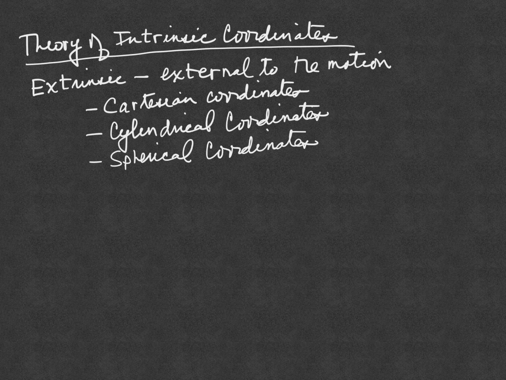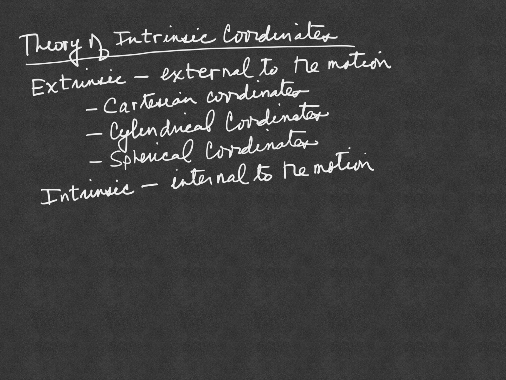Now, intrinsic coordinates are internal to the motion. And as we're about to see, what that means is, depending upon the path that the object is taking, that's how the intrinsic coordinate systems are defined.